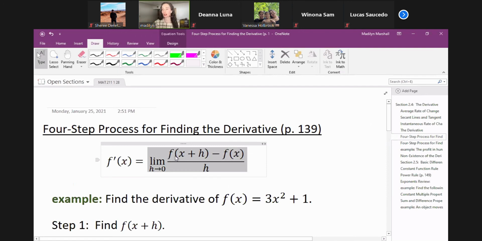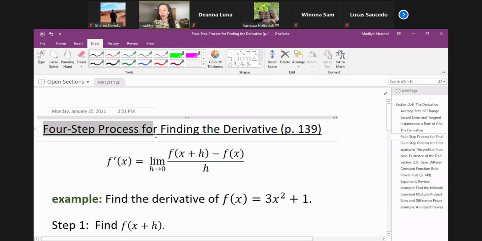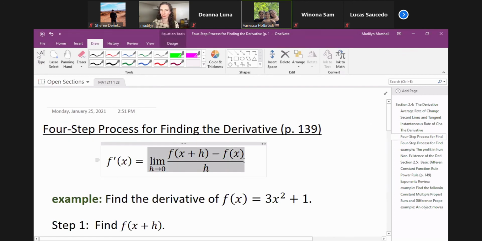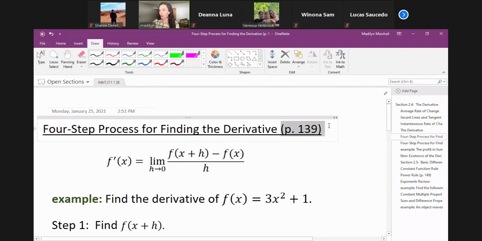This formula can get kind of nasty depending on the particular function, and so we can break it up into steps. You are not required to use the exact 4-step process, but I encourage it because it makes it easier to put this limit together. It is on page 139, and we're going to go through the steps now.